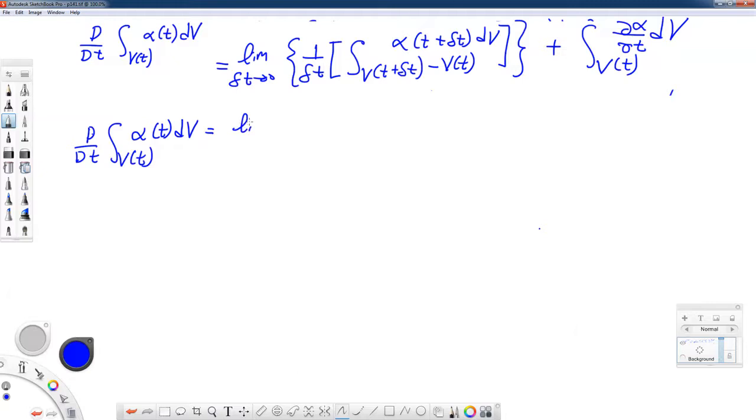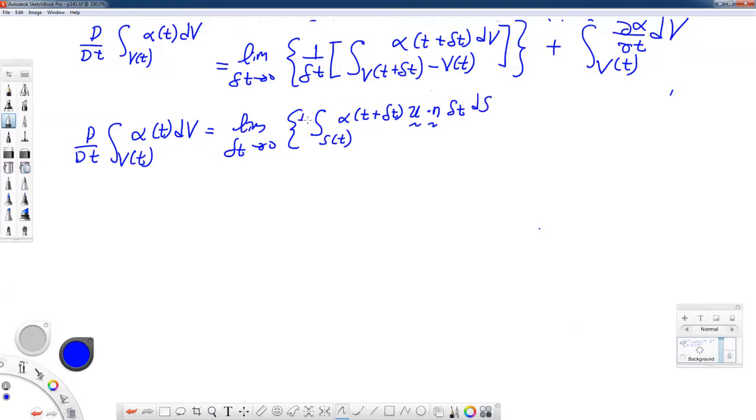Then we can take the limit as delta t goes to 0 of an integral over the surface now of alpha at t plus delta t, dv, which is u dot n delta t dS.